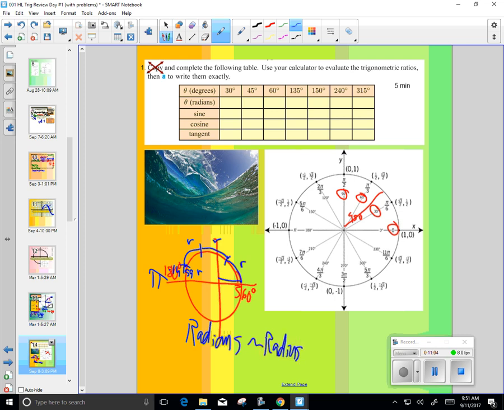So when we say 30 degrees is pi over 6, we're saying there's pi radians, and if you divide it by 6, 1, 2, 3, 4, 5, 6, you're going to get 30 degrees. Well, the easy way that I like to do it is 180 degrees in pi radians.